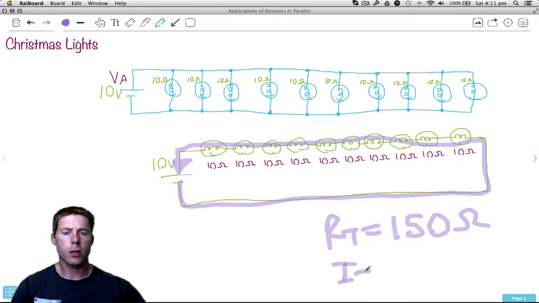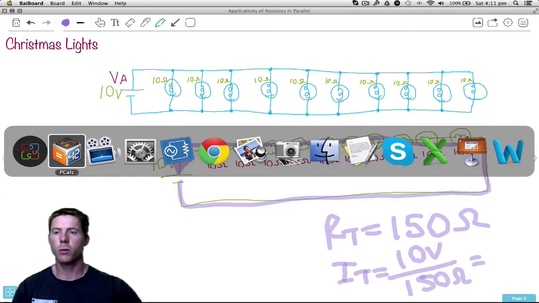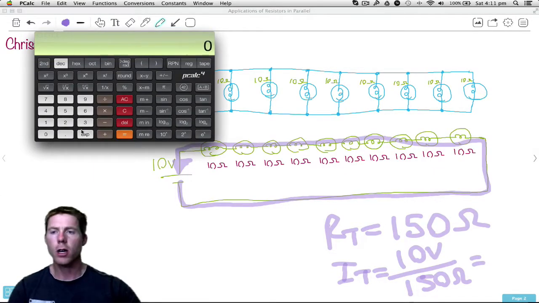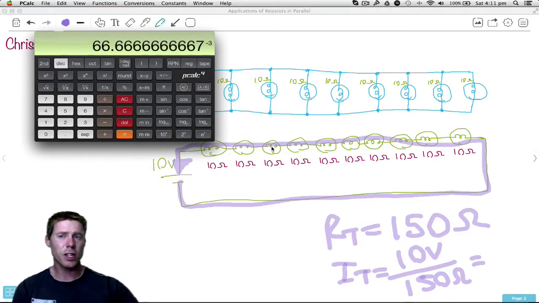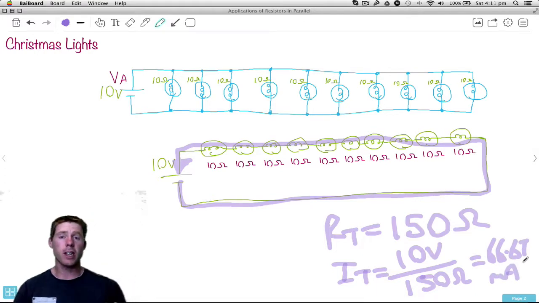What's the current going to be? Well, it's going to be 10 volts divided by 150 ohms, because we've got 15 light bulbs, which have a resistance of 10 ohms each. It's now gone down to 66.67 milliamps, so we've got less current.